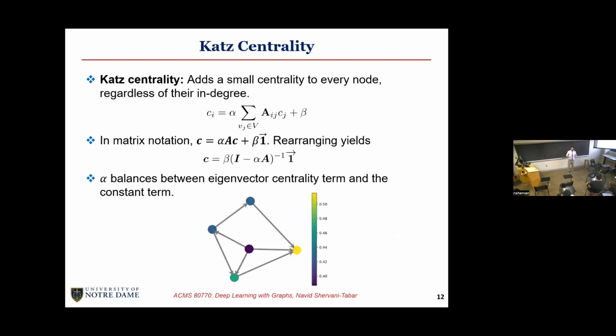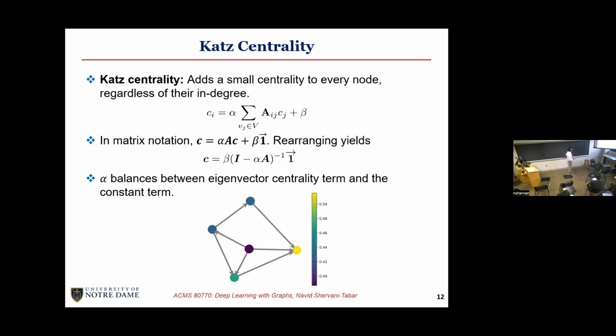In order to remedy that, there's a method called Katz centrality, and it essentially associates some degree of importance to each node just by existence. So we rewrite the equation from the previous method, eigenvector centrality, and we add a beta at the end of this, right?